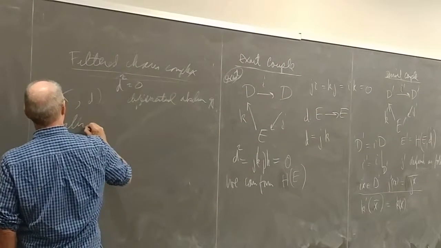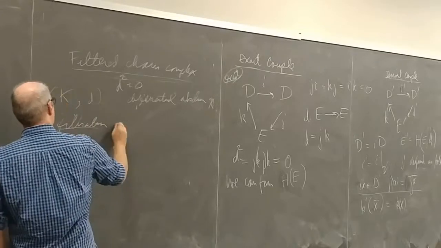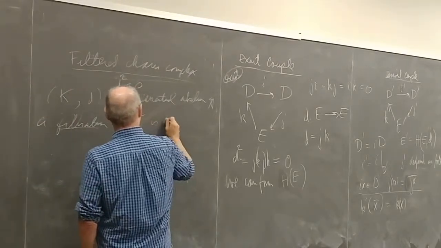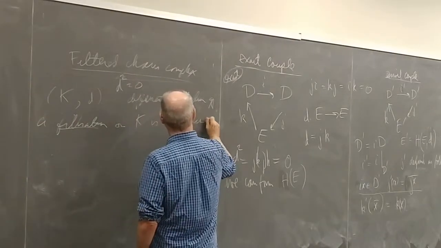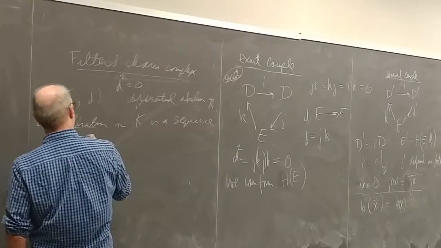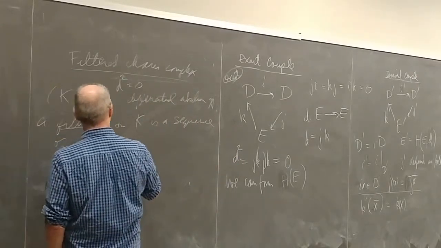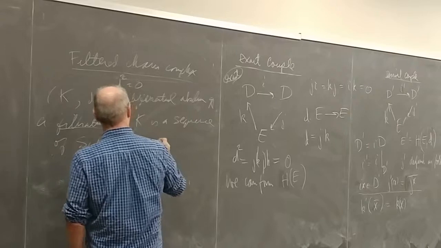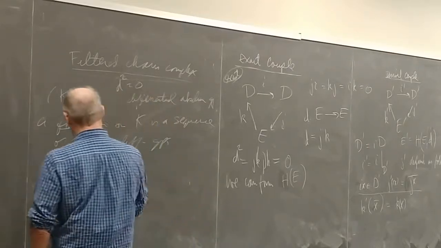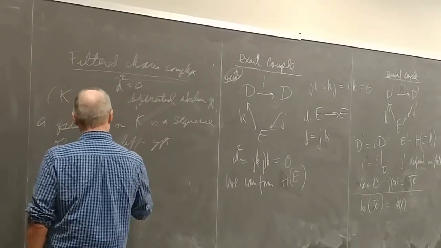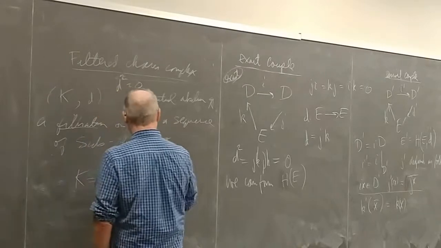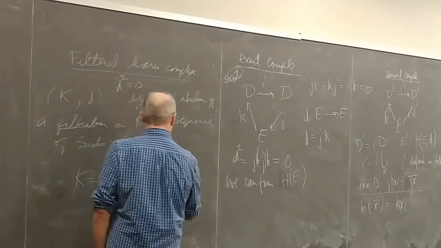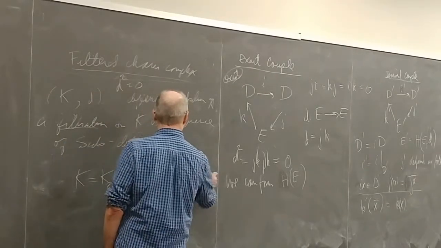So a filtration on K is a sequence of sub-differential groups. So we have K, which I'll call K0, and then this contains K1, and this contains K2, and so on like that.